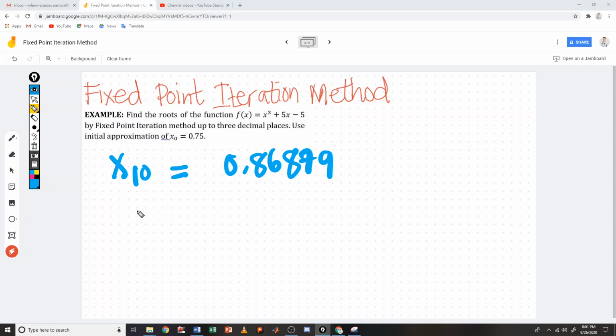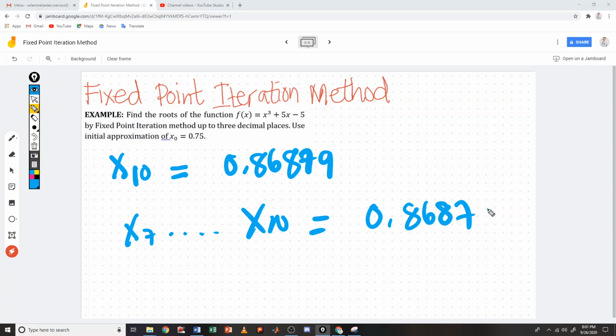I have also compared the results from x7 until I reach x10, which are merely the same values, 0.86879. Meaning they are common to three decimal places.